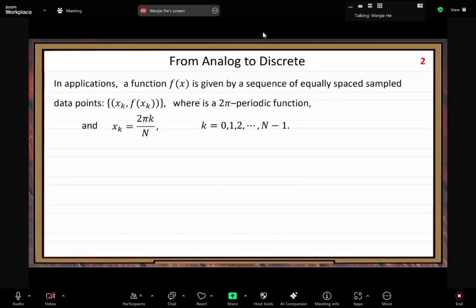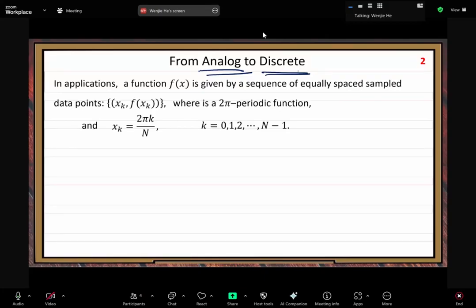Let's see how to modify the Fourier transform definition from analog, the continuous version of the signal, to the discrete version.